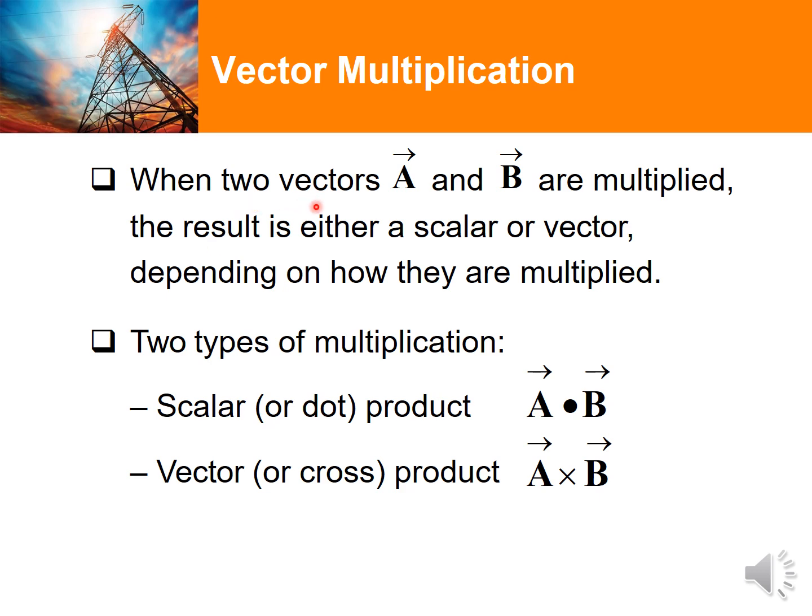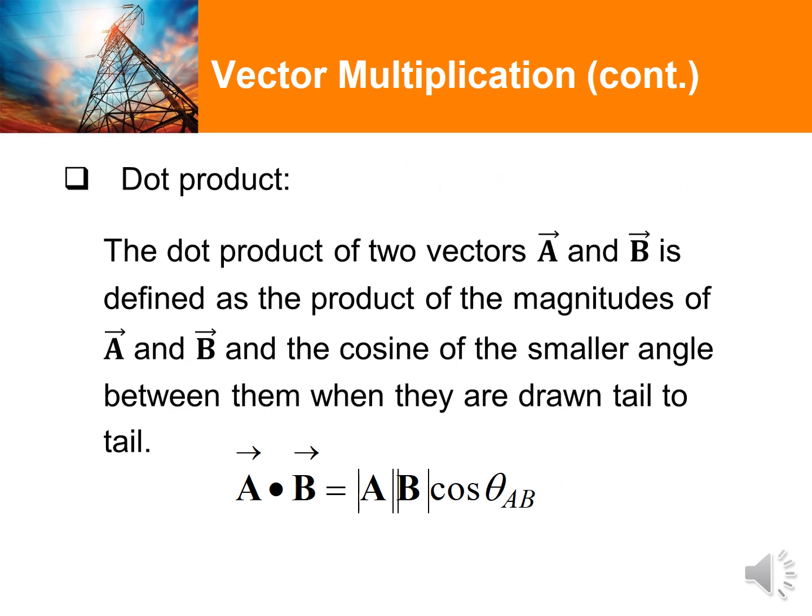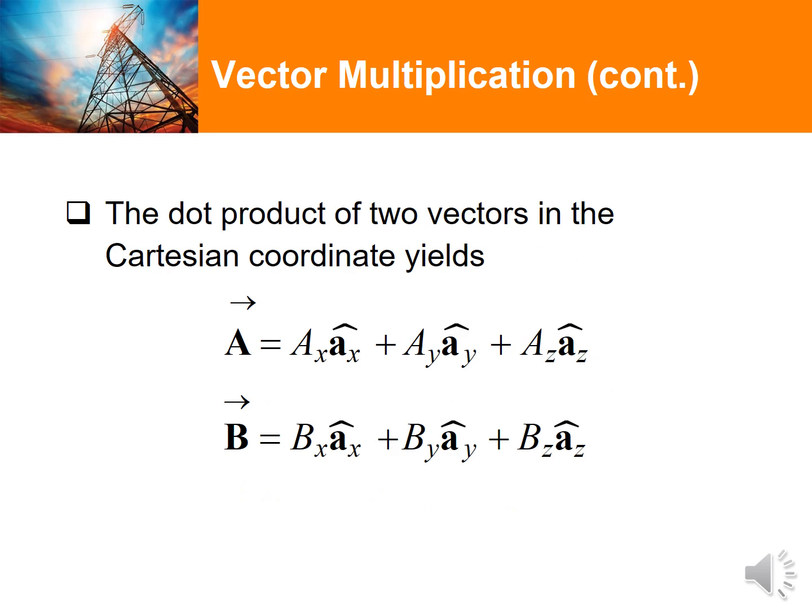When two or more vectors are multiplied, they can have results that are either scalar or vector in value. The two vector multiplication techniques are known as dot product and cross product. The dot product of vectors A and B is defined as the product of the magnitudes of A and B and the cosine of the angle between A and B. Let's suppose we have two vectors A and B as shown on the slide.